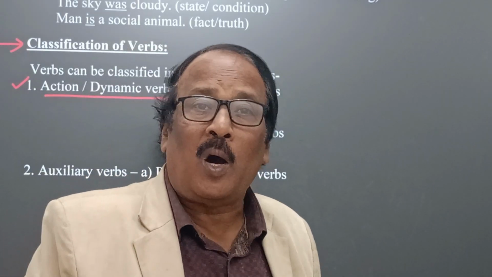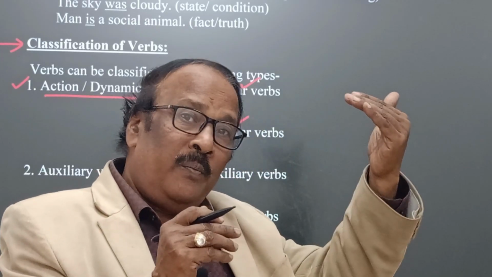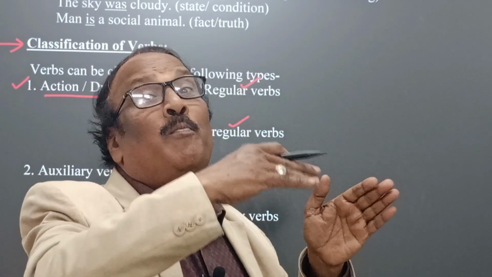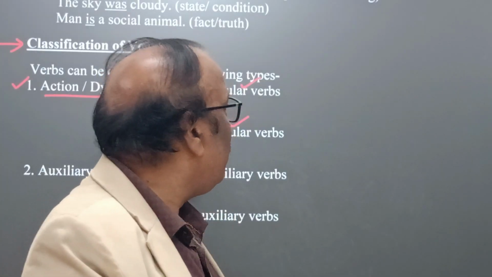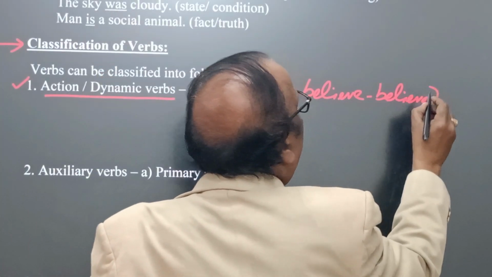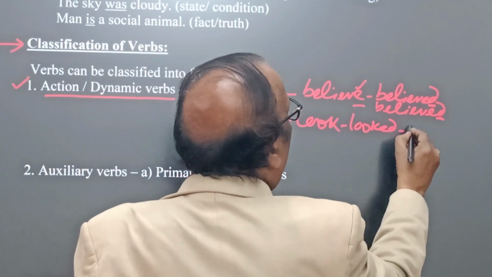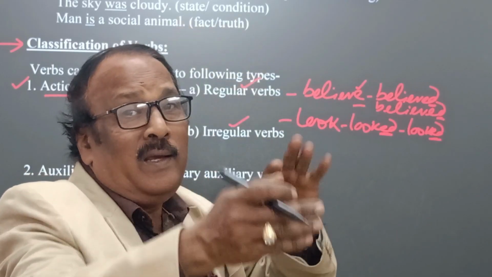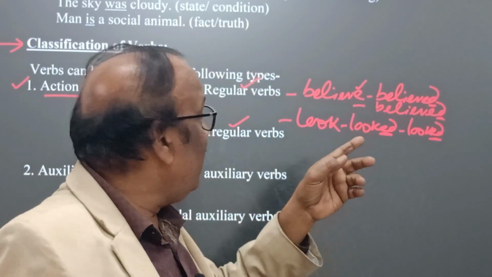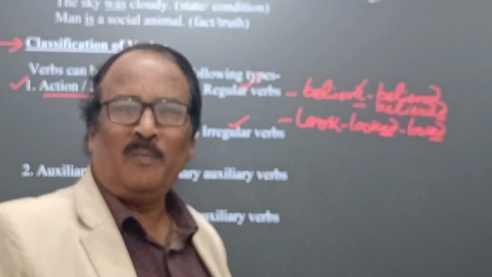When action verbs take d or ed in their past and past participle forms, they are called regular main verbs. For example, believe, believed, believed. Another example, look, looked, looked. As these verbs maintain regularity in using d or ed, they are called regular action verbs.